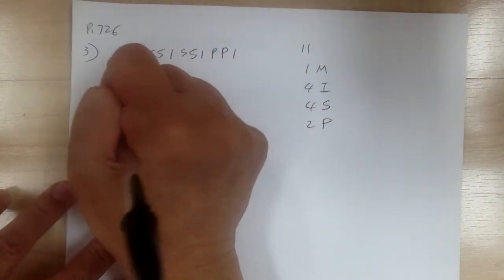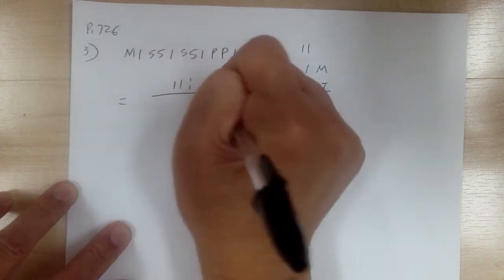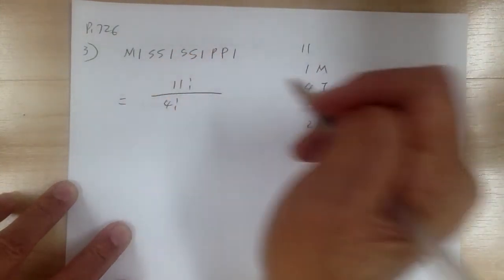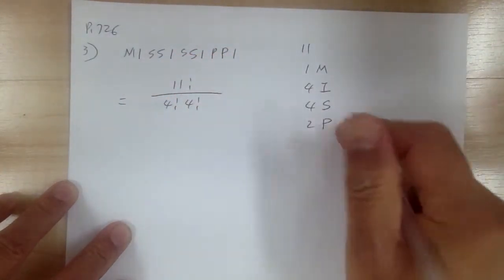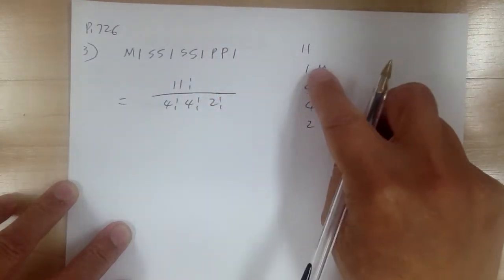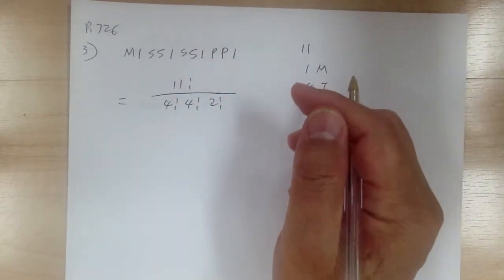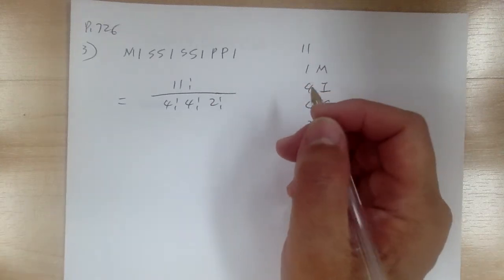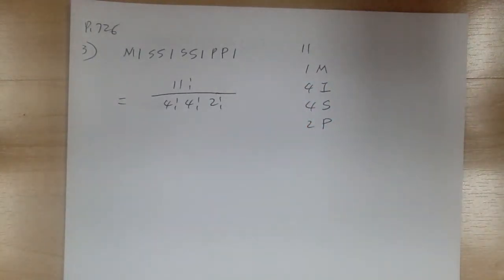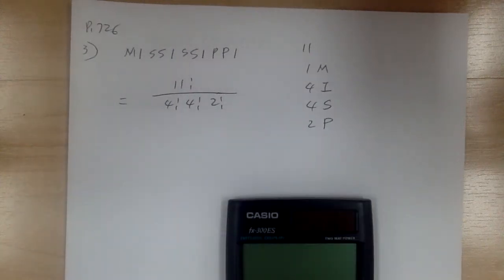So you can do a quick inventory. And so therefore your number would be 11 factorial over 4 factorial, 4 factorial, 2 factorial, and 1 factorial. But again, 1 factorial doesn't do anything. Okay, so this one, the number is kind of big, so I'm going to use a calculator. You need to get a scientific calculator.